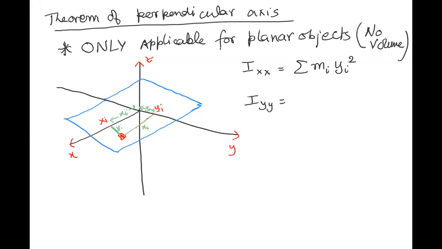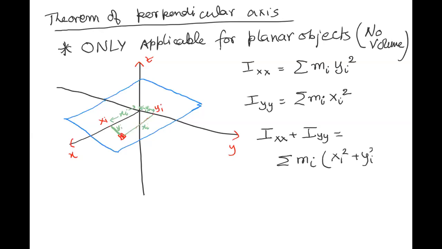And what will be the moment of inertia about the y-axis? Summation of mi xi square. Now, if I add the two, what will I get? Let's see if I add the two, what do I get? So Ix plus Iy is equal to summation mi into xi square plus yi square.